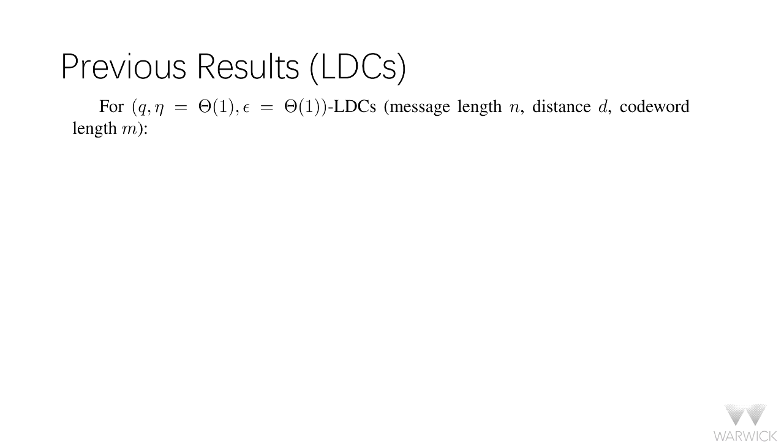Previous results about locally decodable codes: there are many famous results in this research line. Especially for q equal to 2, Kerenidis and de Wolf '04 and Ben-Aroya, Regev, and de Wolf '08 showed a strong exponential lower bound: the codeword length m should be at least exponential in omega of n.